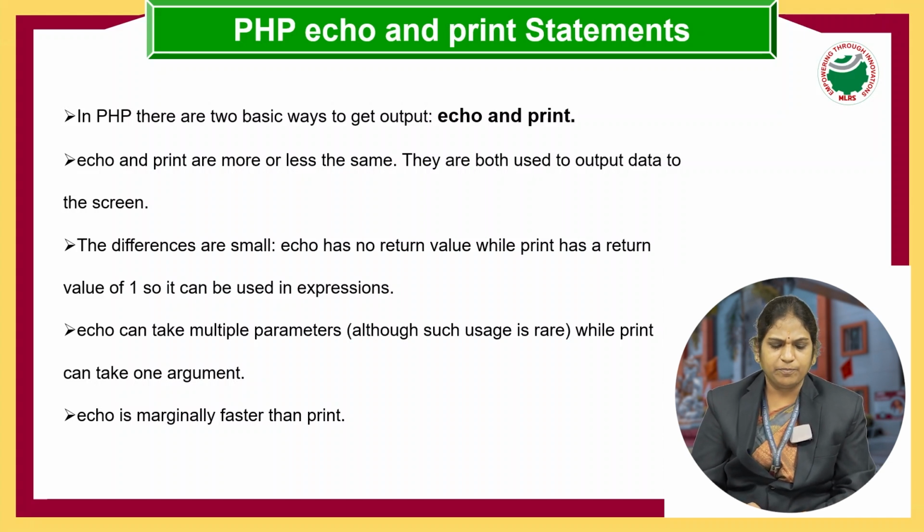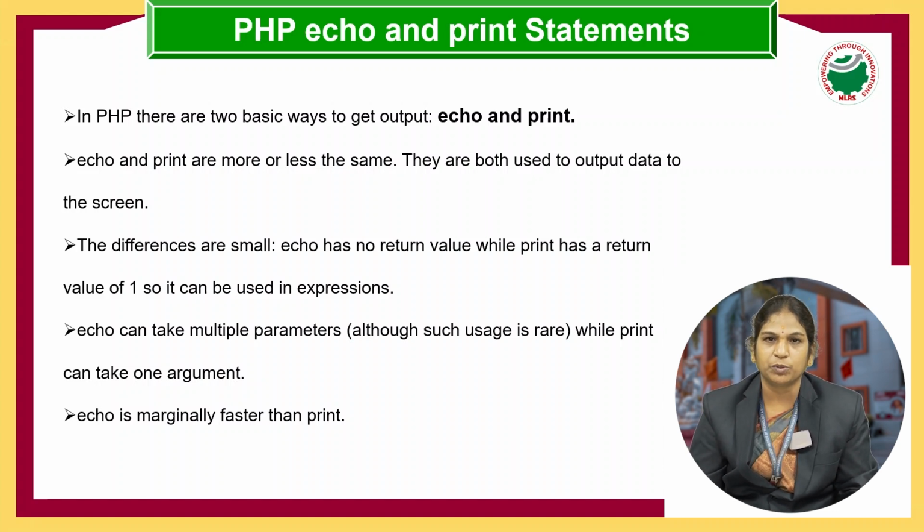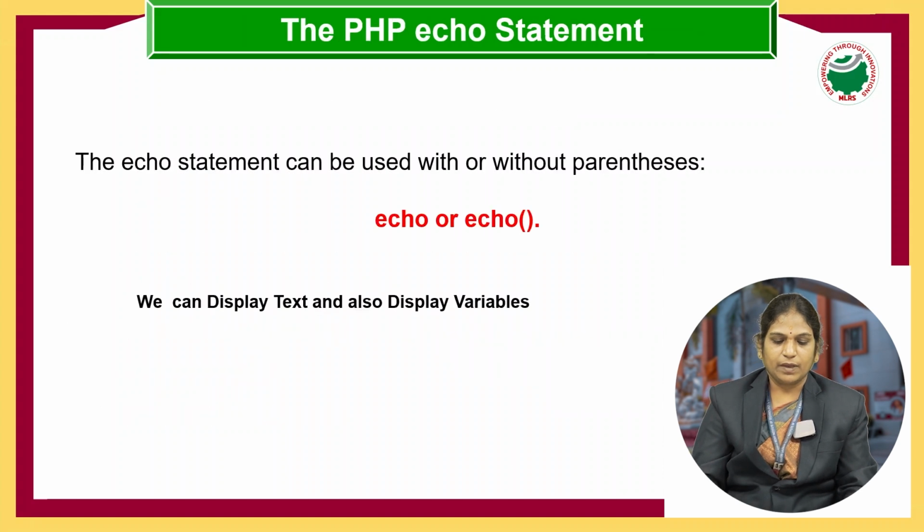Both are the same, but to some extent, echo has no return value while the print statement has a return value in expressions. And echo can take multiple parameters while print will take only one argument, and echo is faster compared to the print statement. Both are used to display output on the screen.